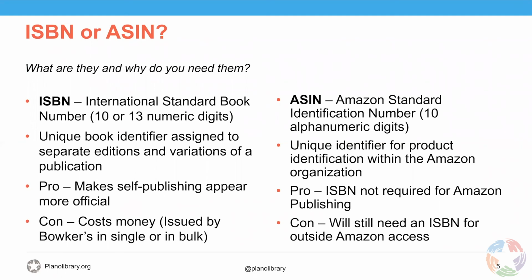However, a con of that is that you would still need an ISBN for outside Amazon access. So there's pros and cons to both, and it definitely depends on what route of publishing you want to go. But ISBN and ASIN, they definitely assist you in having a more reputable official publication.